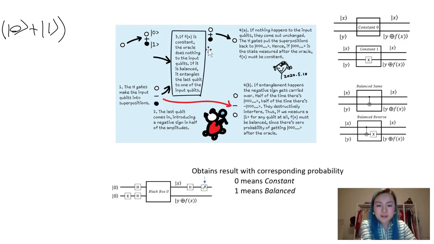Then based on your oracle setup, you will either get your output 0 or your 0 will be cancelled out, so you will get 1 as your output. And those two cases correspond to the function being constant or balanced. And I can even write this out more for you here. I made a note here for myself to not forget: try to write out the steps.